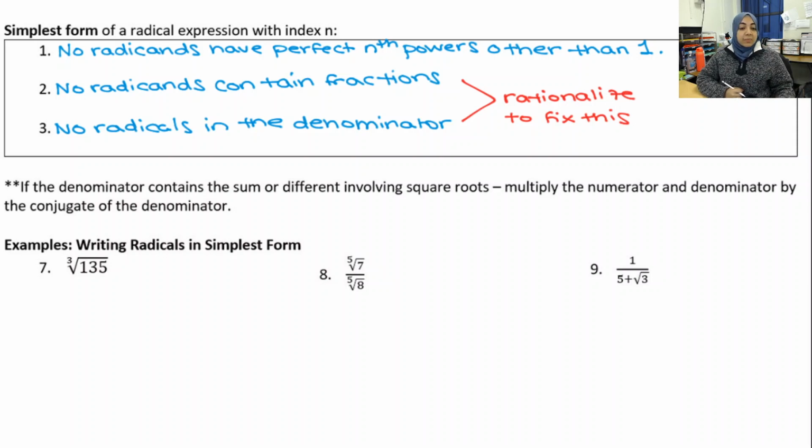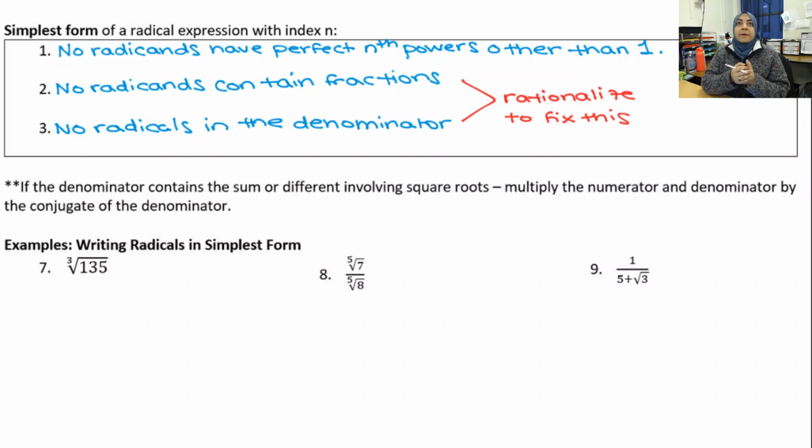So number 7 says write your radical in simplest form. So I have the cube root of 135. Now I know that 135 is not a perfect cube. However, I do know that I can split 135 into the product of a perfect cube and a non-perfect cube. So I want you to go try that the same way that you did back with square roots.